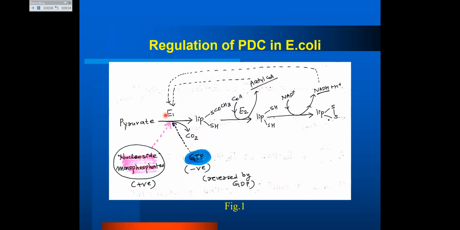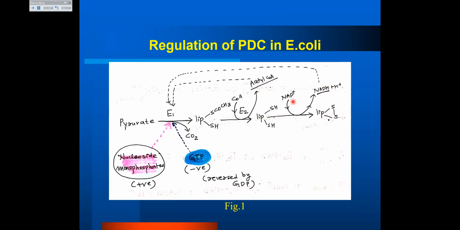So here is the pyruvate. As you can see, the first enzyme, pyruvate dehydrogenase, proceeds in this reaction, and then the products acetyl coenzyme A and NADH act by a product inhibition mechanism whereby acetyl coenzyme A competes with coenzyme A and NADH with NAD plus.